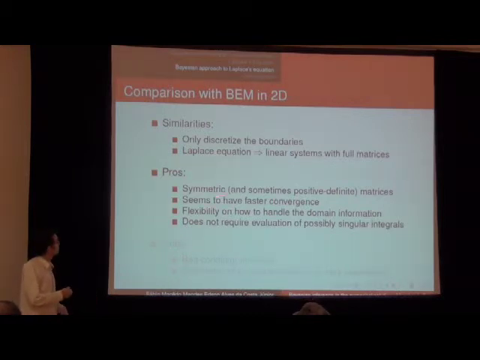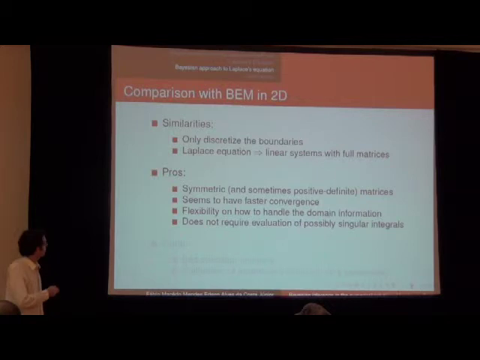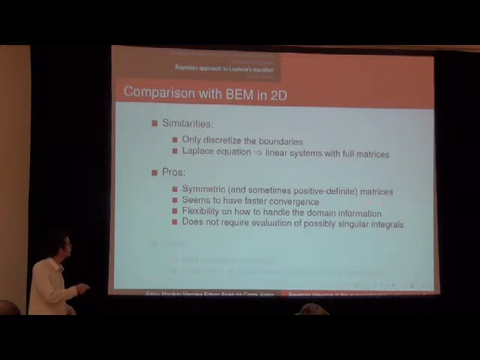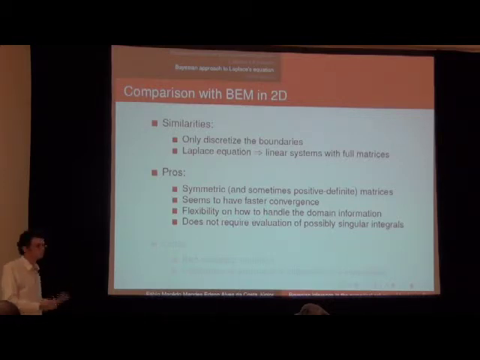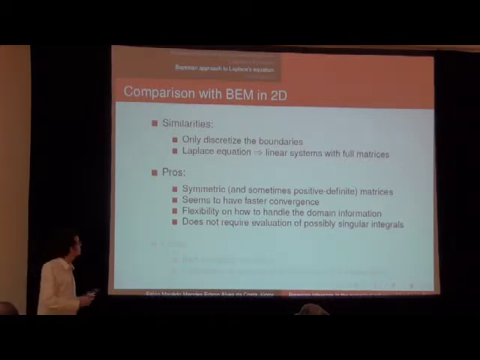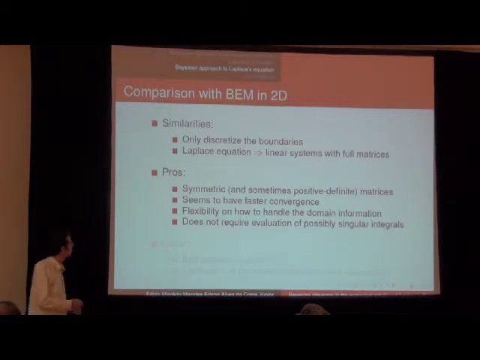You get closer to the solution faster using the Bayesian version. And you also have a lot of flexibility on how you want to treat the boundary or the domain, the boundary information, which can be used to improve the accuracy, or maybe the speed of this method.